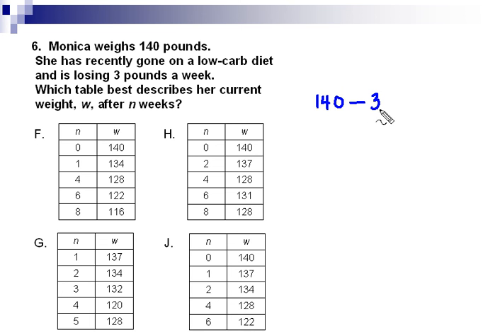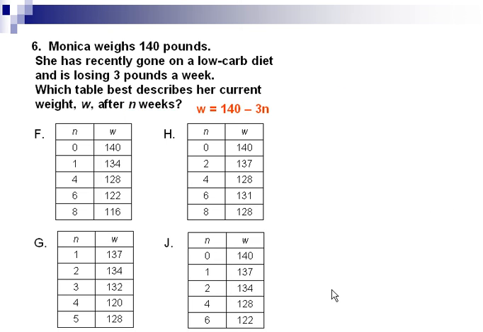And remember that in the equation, N is going to stand for weeks. So 3N. That is going to equal her current weight, which is the variable W. So now we have our equation, W equals 140 minus 3N.